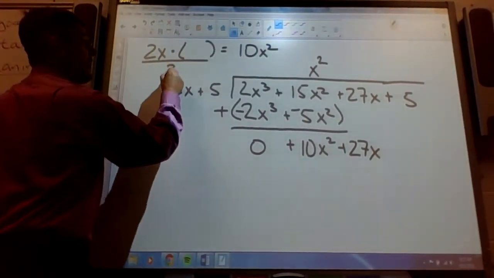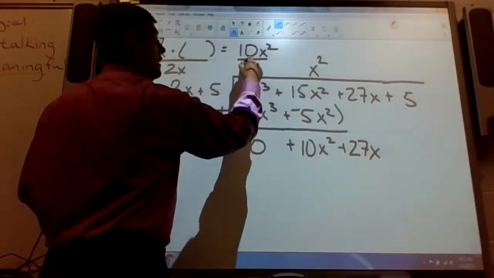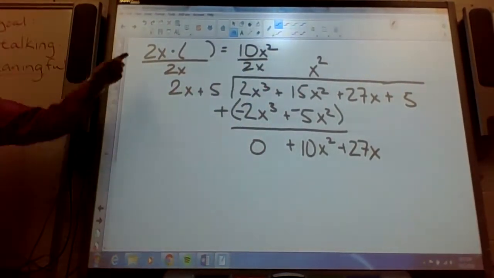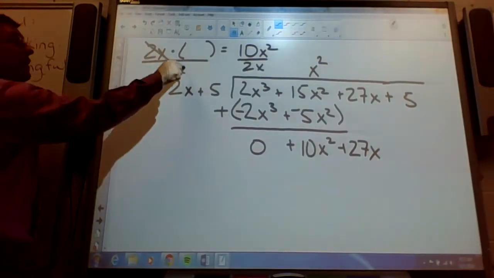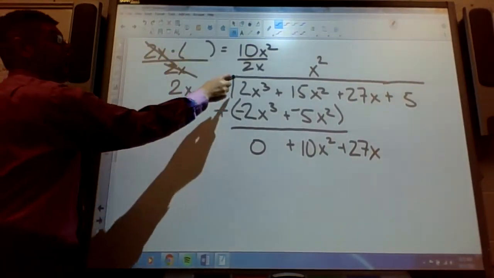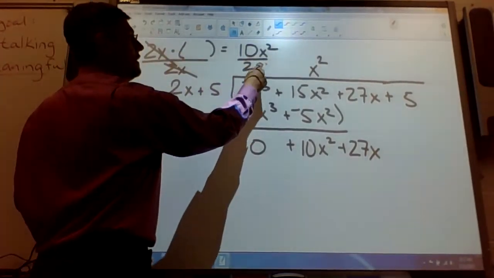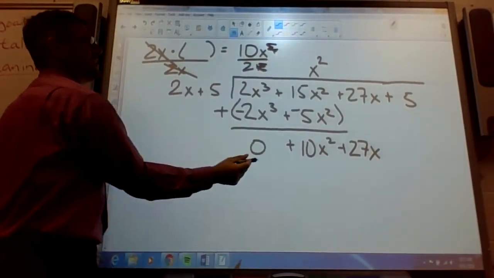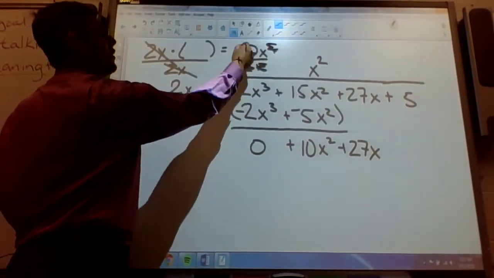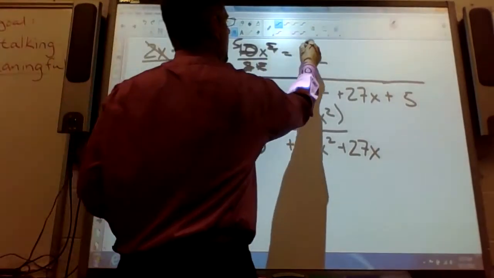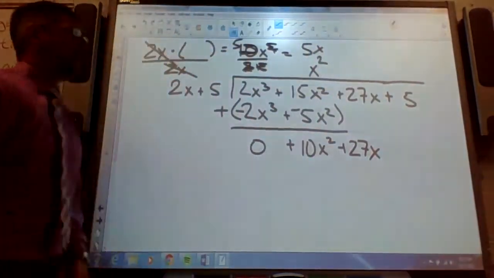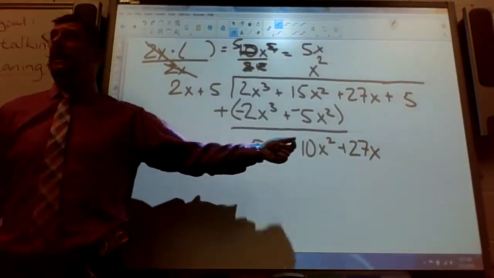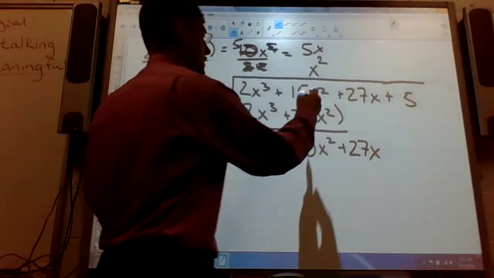Divide both sides by 2x. Here, the 2x's go away. And the stuff in the parentheses equals, well, this x cancels out with this x. This cancels out with this and leaves me with 5, so that's 5x. So 2x goes into 10x squared 5x times.